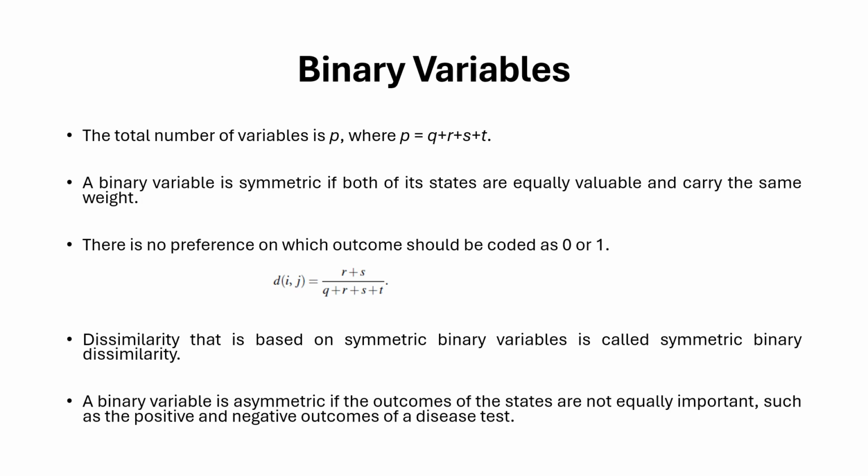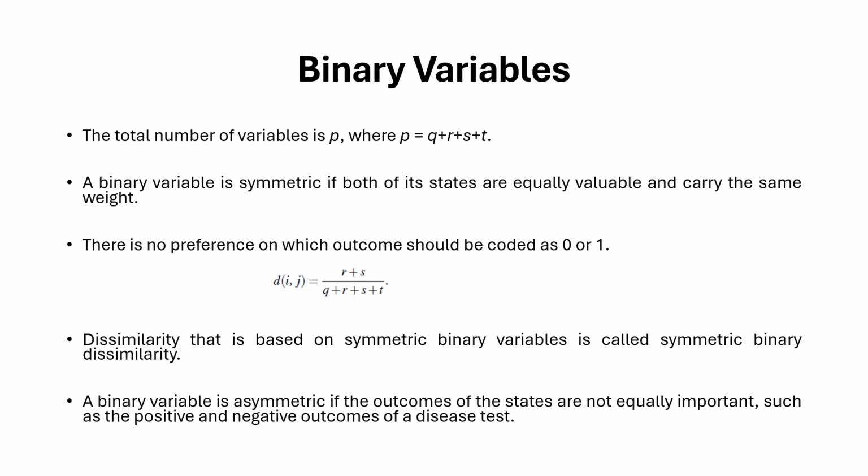And then what is an asymmetric variable? Let's take an example of a COVID lab test. In case the COVID lab test is positive, that has a different weightage. If it is negative, obviously that has a different weightage. So the positive and negative, 0 and 1. If it is negative, you can say 0. If it's positive, you can say 1.